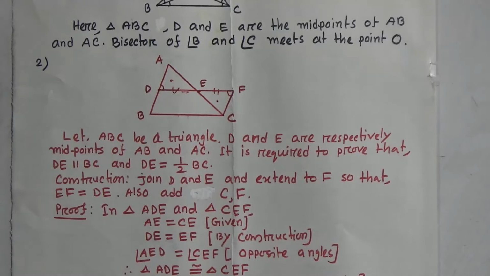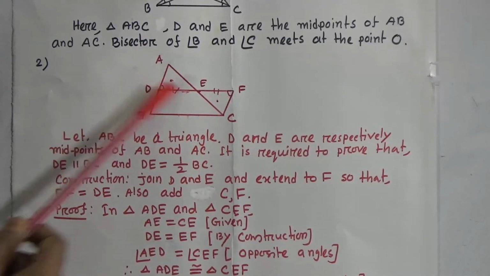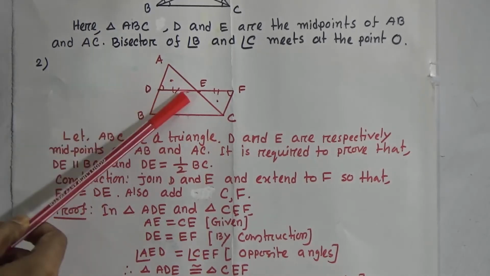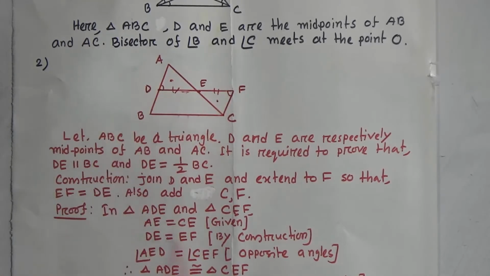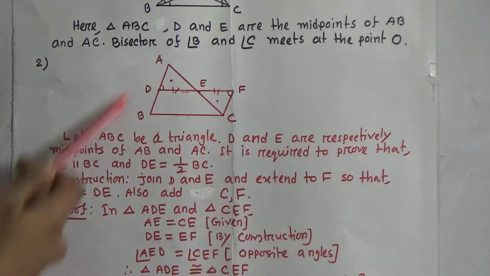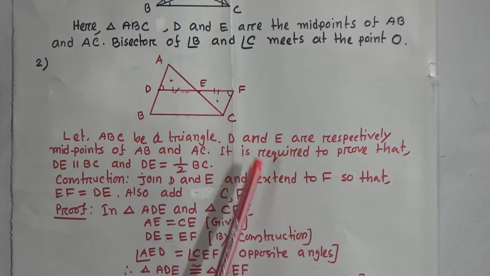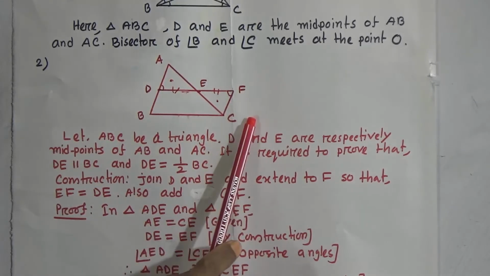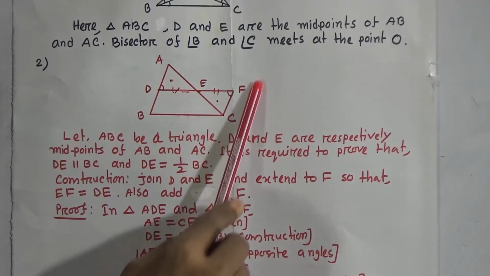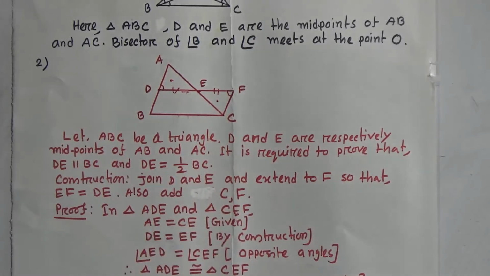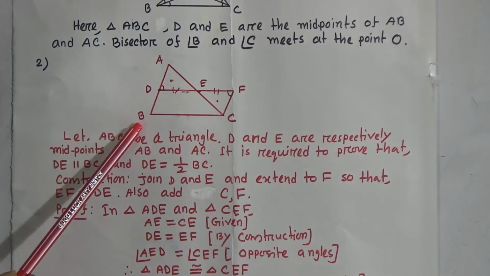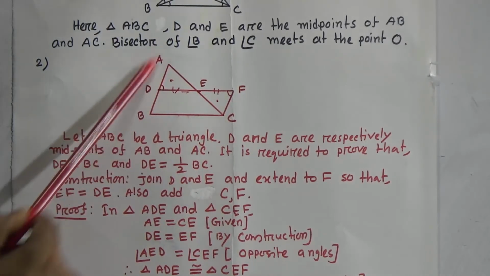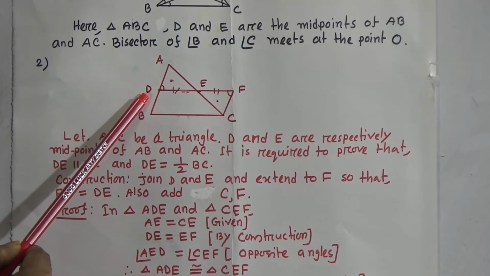Now see, angles ADE and EFC are alternate angles. Therefore, we can say AD equals CF. Students, look, again we know AD equals BD.